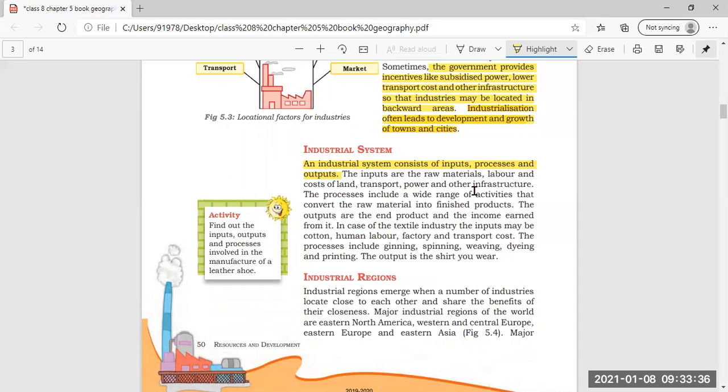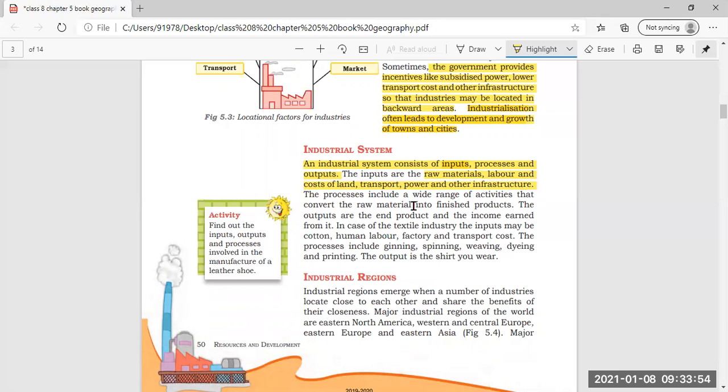What does the word input refer to here? Input means the raw material, labor, and cost of land, transport, power, and other infrastructure. This will all come in the input.